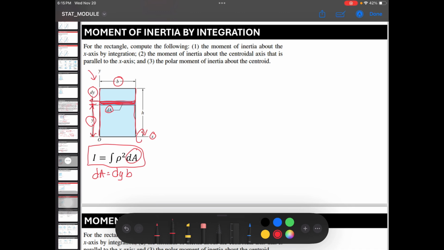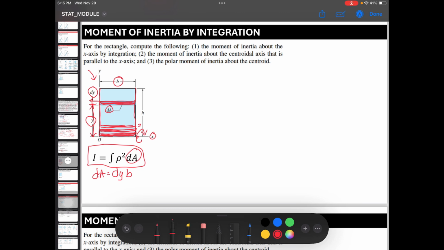Then, how about rho? Ano ang rho natin? Yung perpendicular distance niya. Remember, ito yung paano natin i-evaluate. Kapag nag-evaluate tayo ng differential element, kunwari, nag-start siya sa y equals 0. Then, next, i-evaluate niya y equals 2, then y equals 3.